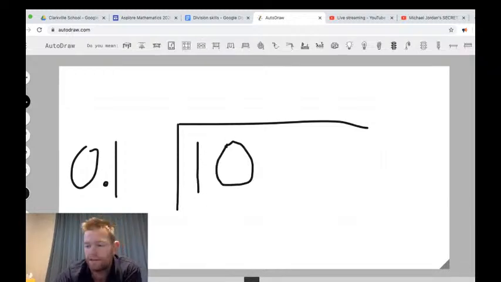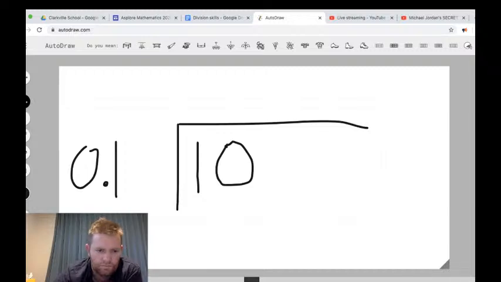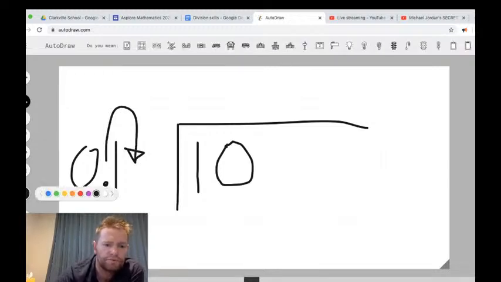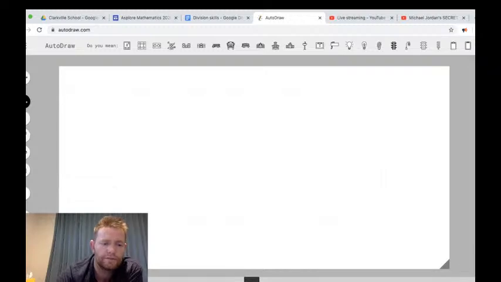Now you're thinking, well, that might be a bit of a mind trick for you. But how we're using this strategy is we're going to jump the decimal place so it no longer becomes 0.1.